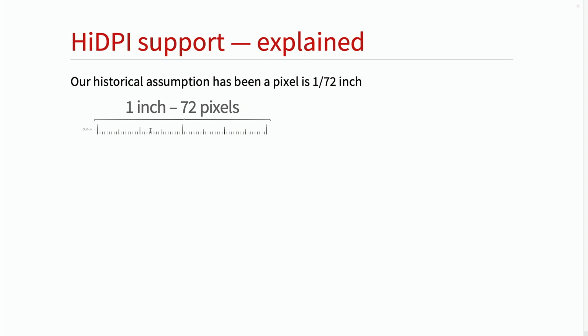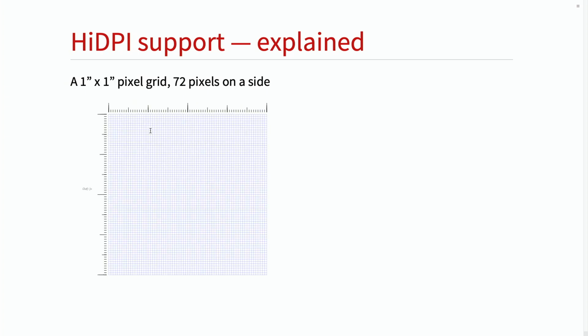If you know anything about the print world, you will recognize that number. That's the same size as a printer's point, so not pulled out of nowhere. And so this is an assumption that we embedded into the front end a very long time ago, in a day and age when we've then built a lot of assumptions on top of it.